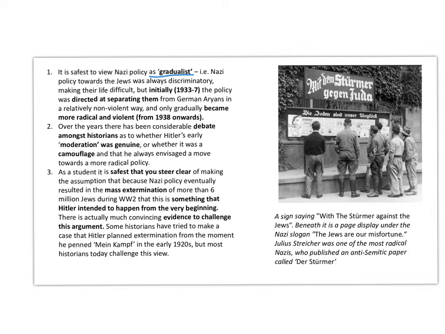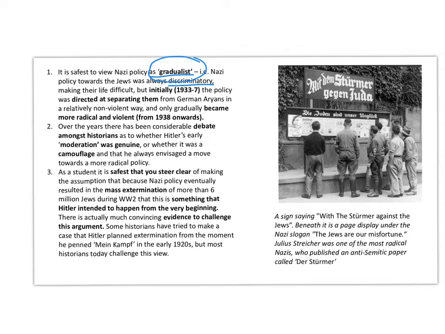Okay, as I say, at this particular time, we're talking about policy within Germany towards the 1%, the 500,000 German Jews. What was his policy? And most of the evidence, we talk now about gradualism, that Nazi policy towards the Jews was definitely discriminatory, no doubt about that. Okay, in Hitler's head, they were second class. He wanted to make their life difficult.